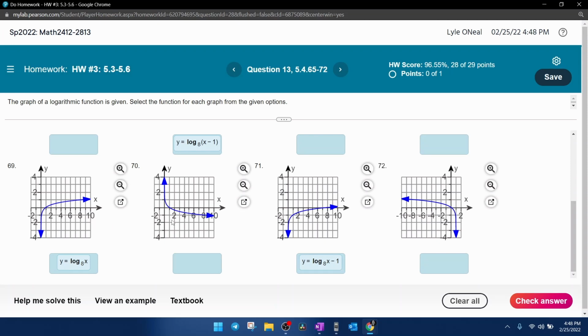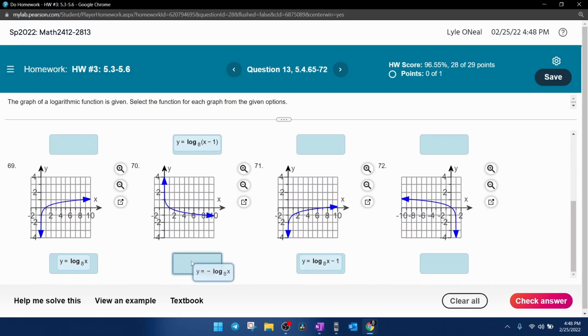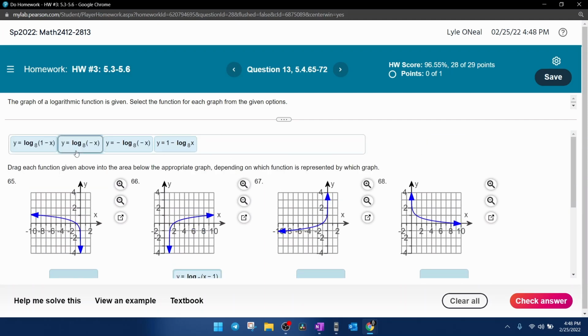We don't have to go too far to see that that looks a whole lot like number 70 here. Coming down along the y-axis, going through the x-intercept of 1, curving down to the right, I believe that's going to be number 70. So with the vertical flip, drag and drop that to number 70.